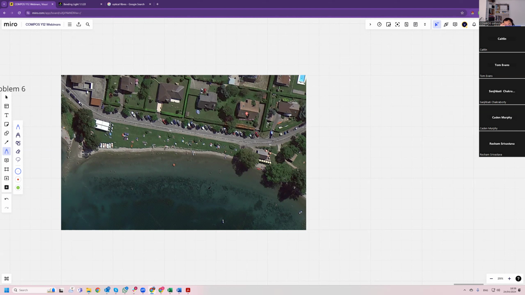Imagine that you live on a lake, on the beach, and this is your house. One morning you walk out of your house and you see somebody in distress, somebody crying for help.